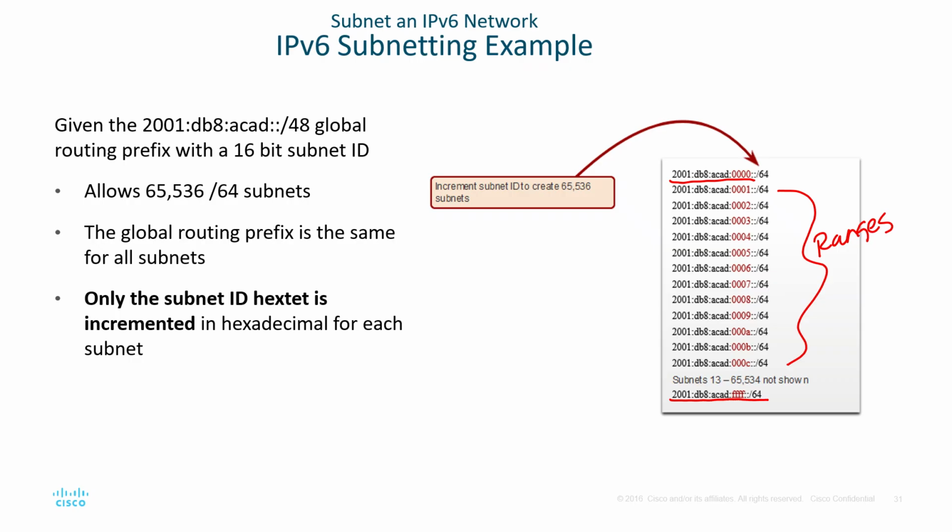Only the subnet ID hextet is incremented. So again, as you see here, the 4th hextet, 1, 2, 3, 4, is where your subnetting happens.